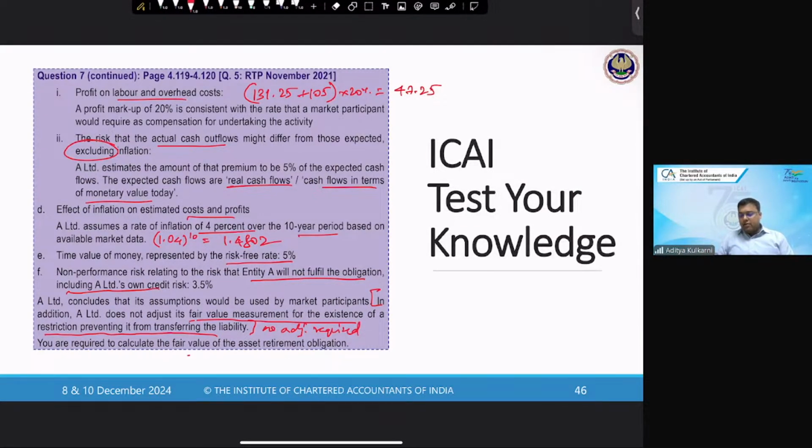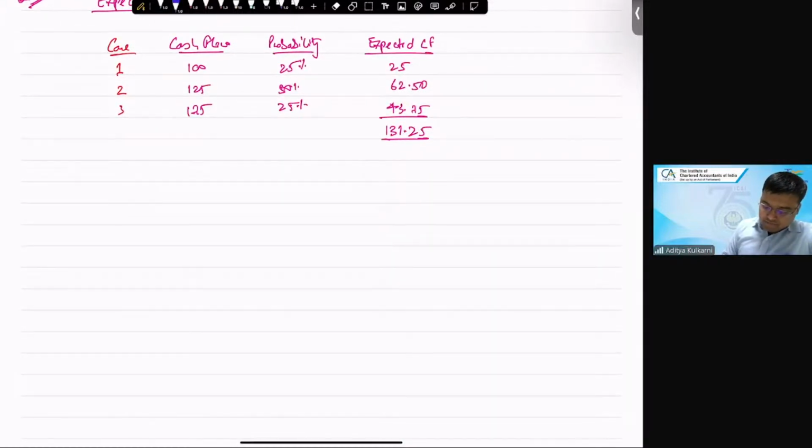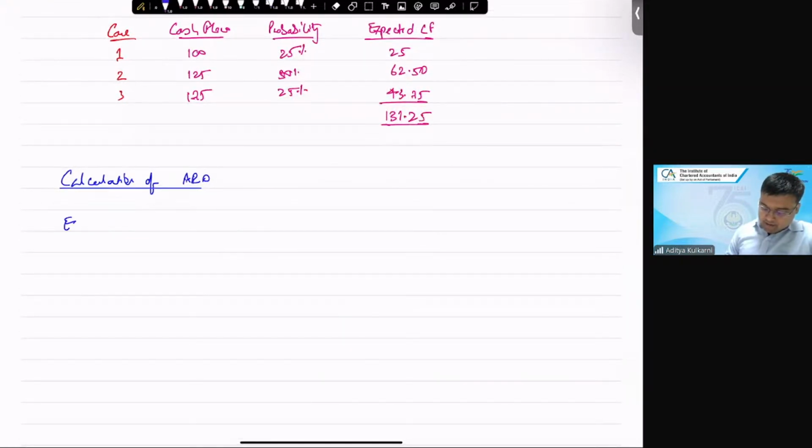You are required to calculate the fair value of the asset retirement obligation. So now let us start. Almost all the values we have calculated. Calculation of asset retirement obligation: expected labor cost 131.25, already calculated.